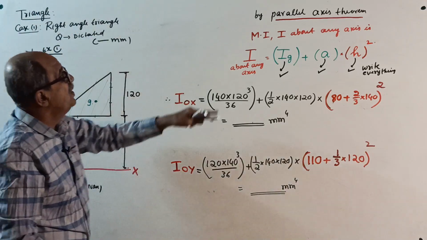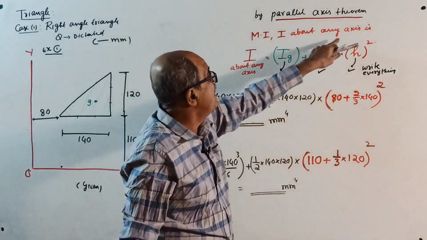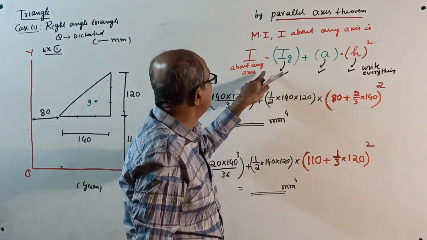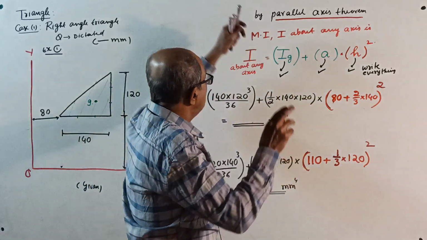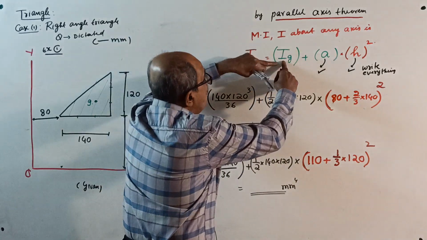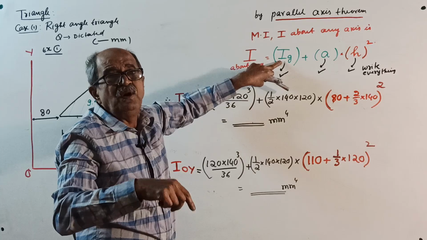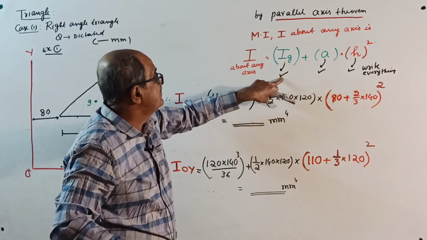Now, by the parallel axis theorem, moment of inertia I about any axis is Ig plus A h squared. Sorry, now I should not tell. Ig is the moment of inertia of the area considered about an axis passing through its own centroid and parallel to the required axis.